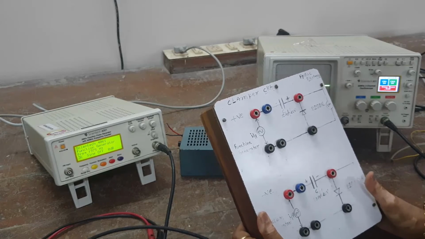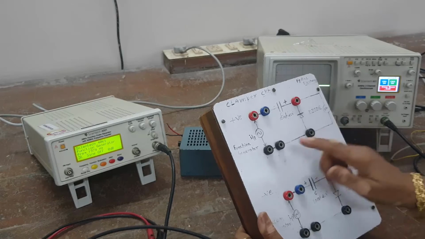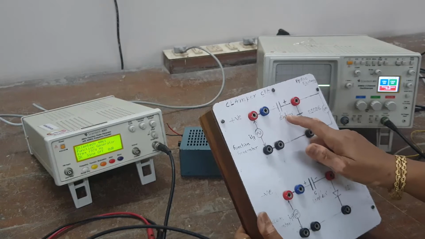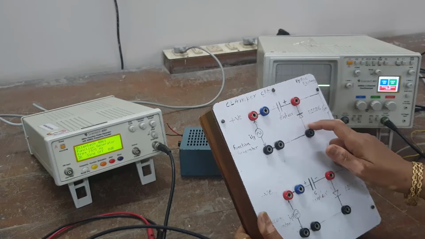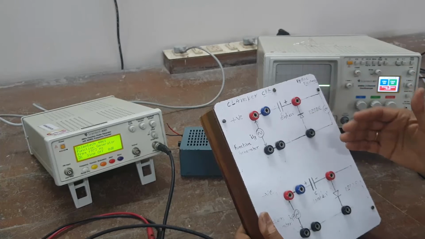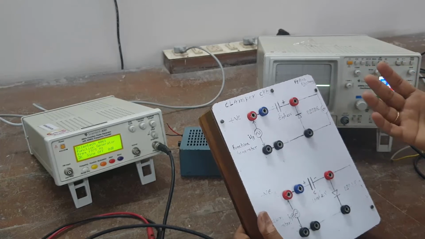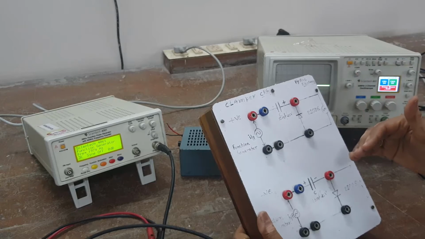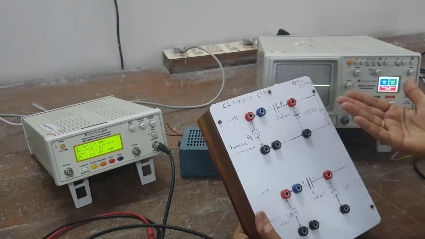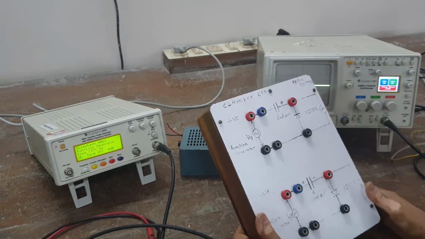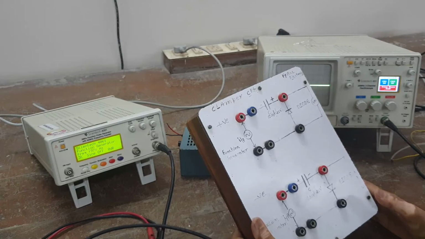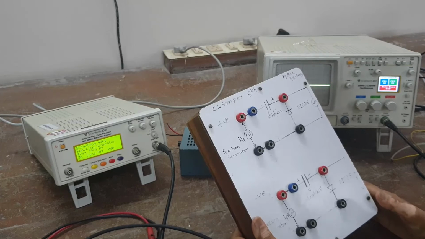When the signal is given at the input, because of the charging of the capacitor, some DC level voltage will be added. That is why it is clamped. Either it will be clamped upwards or it will be clamped downwards. If it is clamped upwards, that is positive clamper, and if it is clamped downwards, it is negative clamper. That is, because of the charging of the capacitor, the DC level is added.